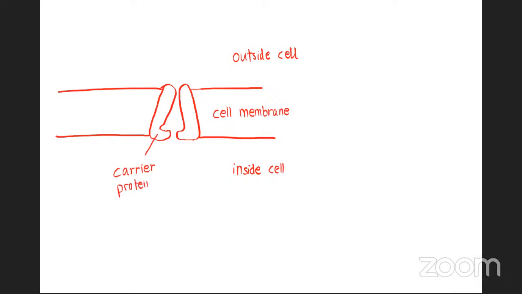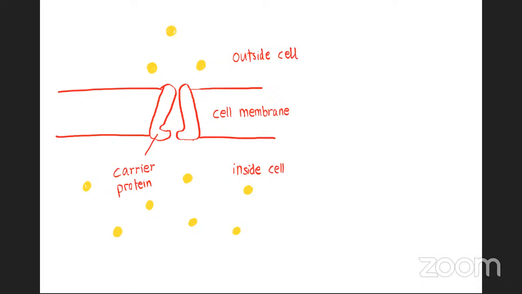Against the concentration gradient. For example, let's say we have some ions: 3 ions outside and 6 ions inside. Normally, since there are more ions inside the cell, they would diffuse from inside to outside, from high concentration to low concentration.